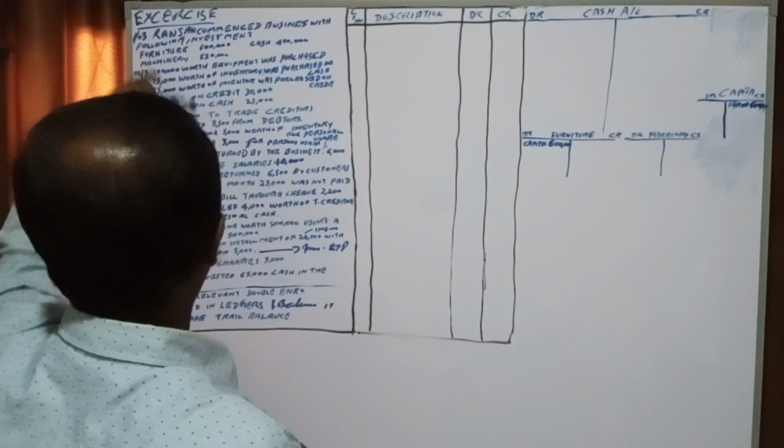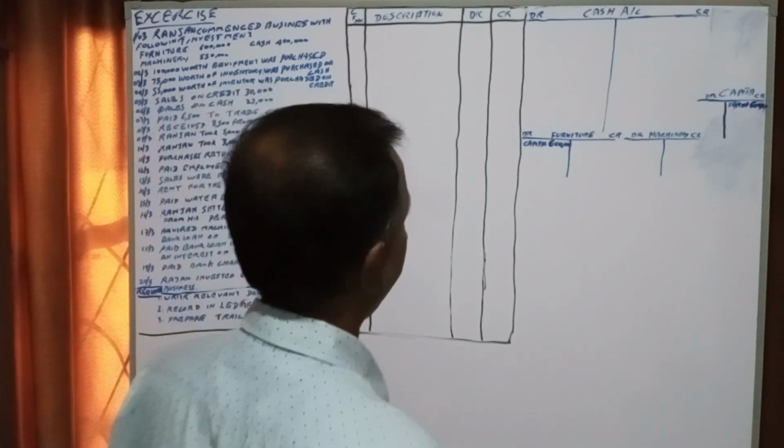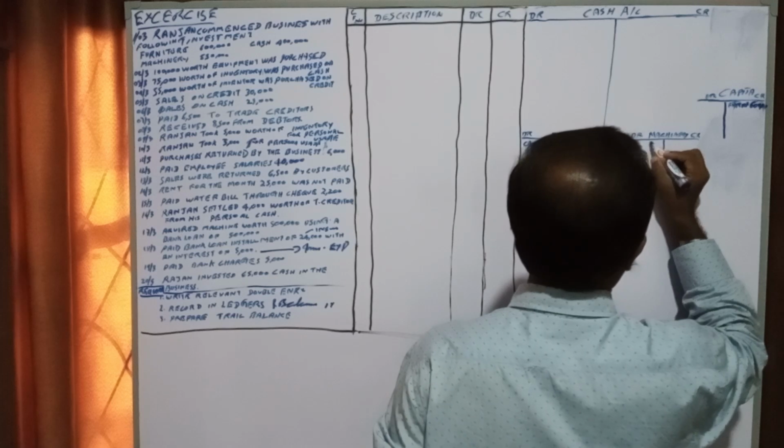Second, machinery. He is bringing 550,000 of machinery. That is also debited.